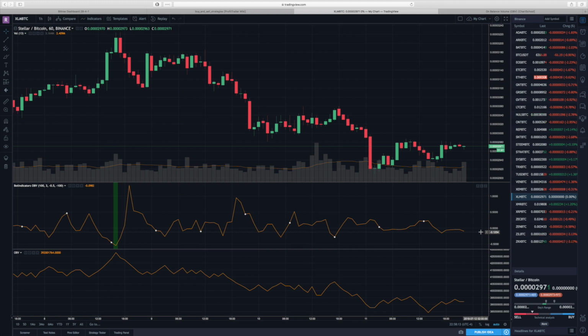Now, why is this using percent? Well, think about it. If you were to use the straight on-balance volume measurement, and you said that you would like to buy when the on-balance volume reaches 4 billion and change, like you have here on this particular chart, well, you'd be buying and selling an awful lot when it crossed that threshold up or down.